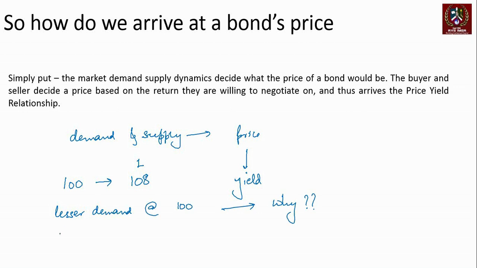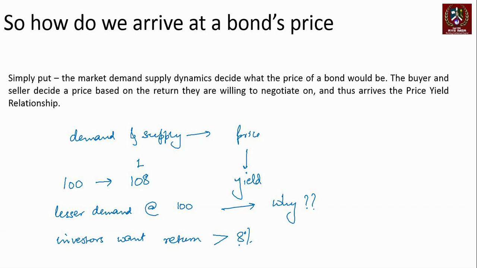It is possibly because investors want a return that is greater than 8%. That's why no one is buying it at 100. If they were okay with 8%, they would have bought it at 100. If they were okay with less than 8%, they would have given more than 100, right? The fact that they are not buying it at 100 means that they want a return of more than 8%.